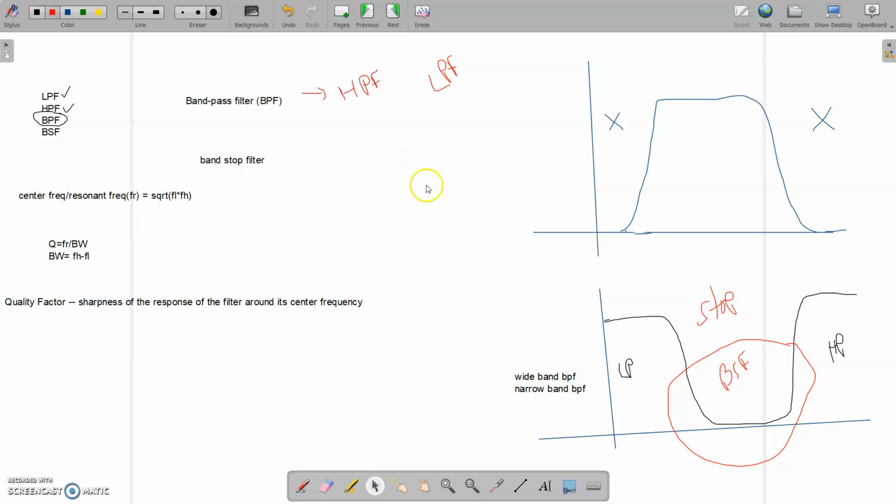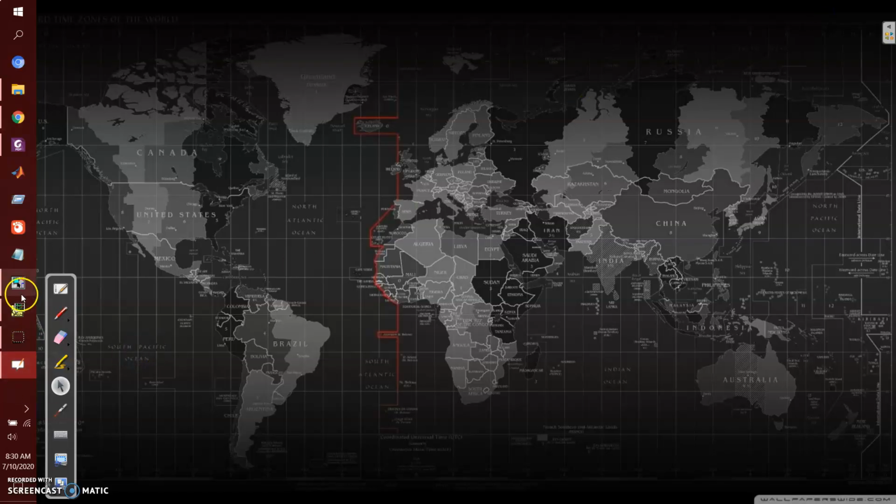Previously we did that in series, so first we get one output, then crop out the other portion, but now we have a parallel high pass filter and low pass filter. Then we can get this kind of output. Let's do it in our PSpice.